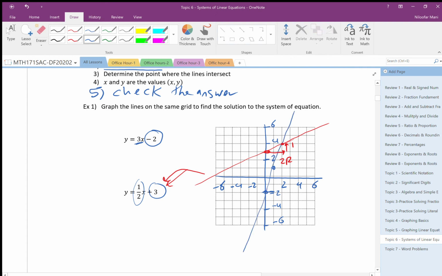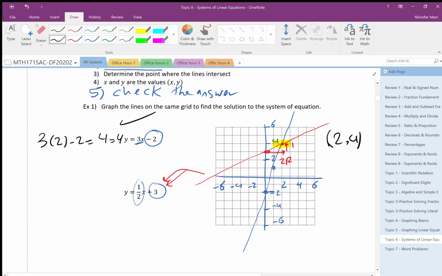Okay, so I look here and I see, oh, okay, my solution might be (2, 4), right? 2 and 4 here. So I check my work to see if that's the case. 3 times 2 minus 2 is 6 minus 2, which is 4.